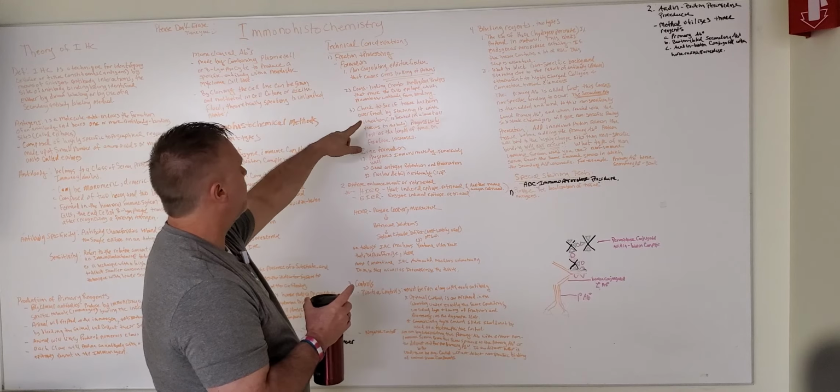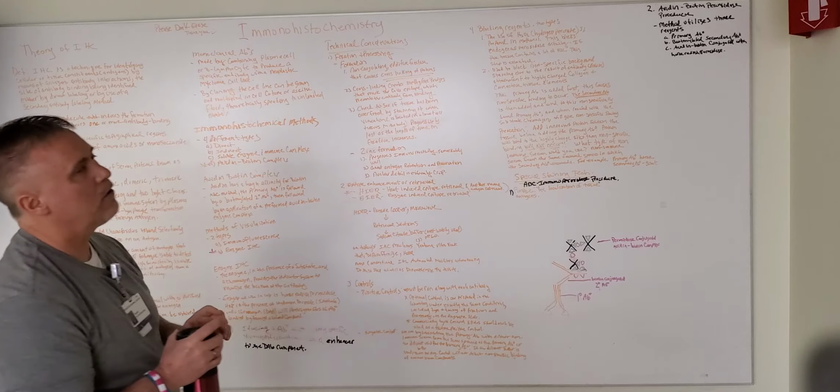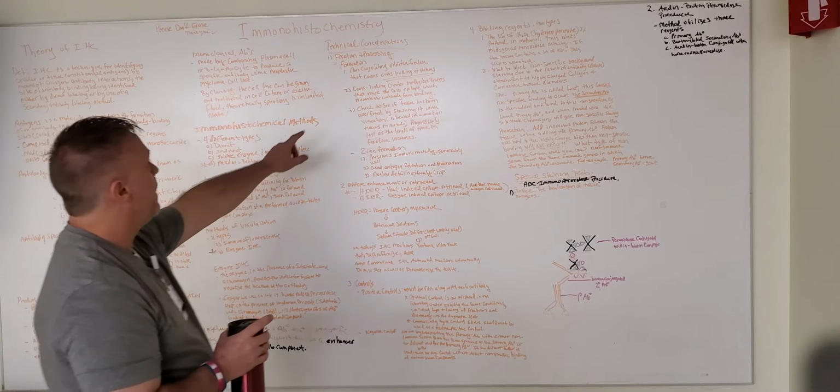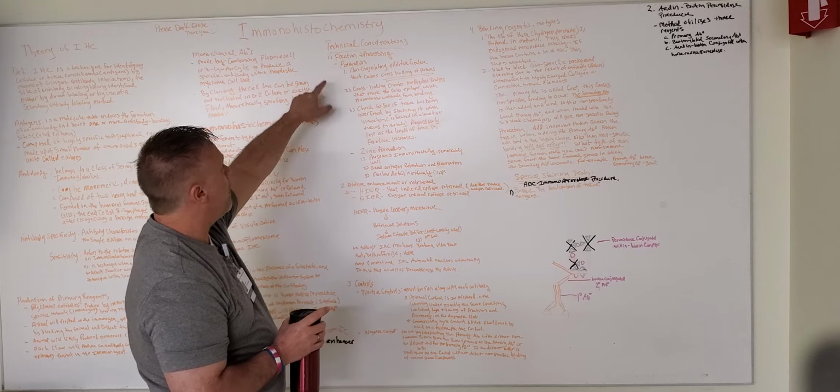Non-coagulating additive fixative that causes cross-linking. If you take anything away from the histology or histotechnology portion of this, you will take away this, and you'll probably remember it for the rest of your life. All right.